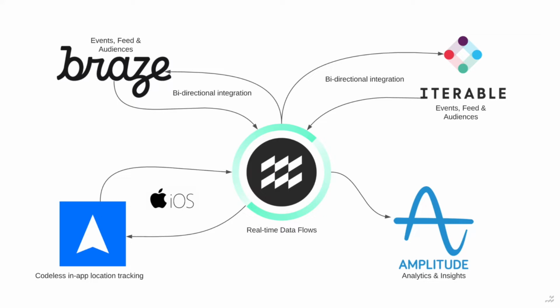We're going to talk about how you can leverage partners such as Braze and Iterable to send email campaigns and push, how you can do location tracking via the Radar SDK in an iOS app, and how we can do analytics and insights by sending data seamlessly from mParticle into Amplitude. Let's move into the demo.